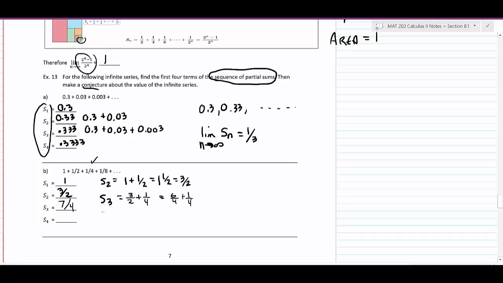When we go to S of 4, we can take the previous sum, 7/4, and then add the fourth term to it, 1/8. If I get a common denominator, the 7/4 would become 14/8, and then you'd have plus 1/8. So you would end up having 15/8.